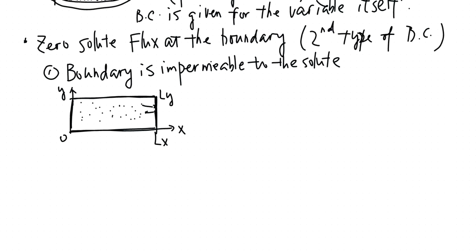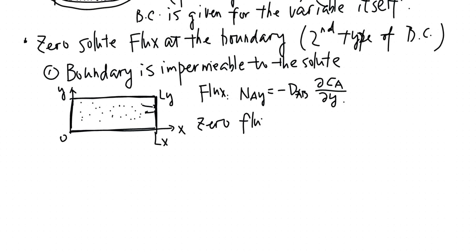Then we use Fick's first law. So we have flux, let's say along the y direction, N_AY equals minus D_AB partial C_A partial Y. Now we have 0 flux at the boundary.